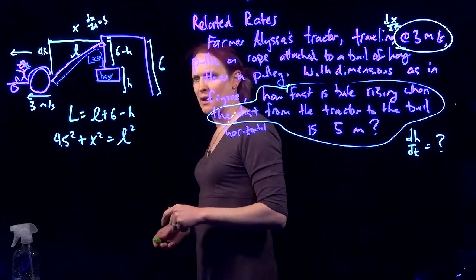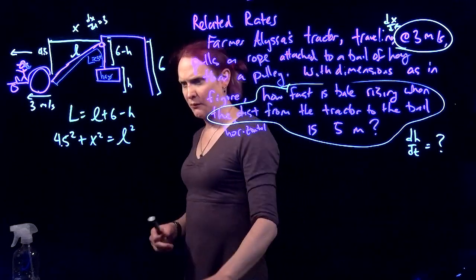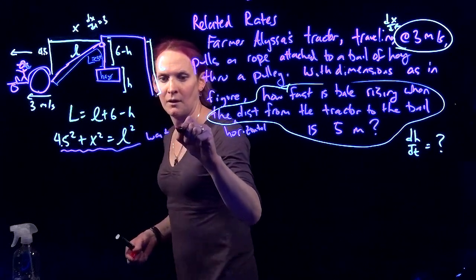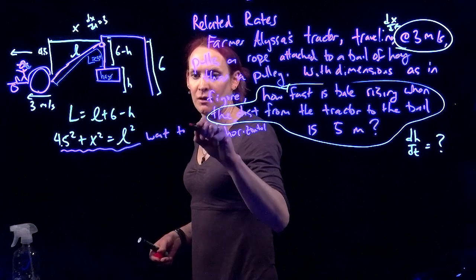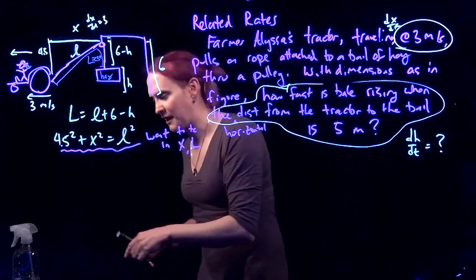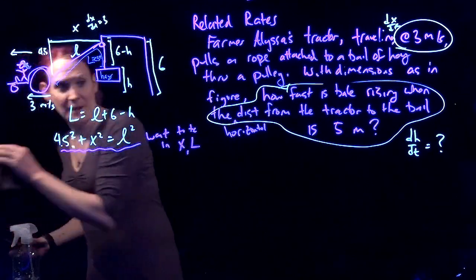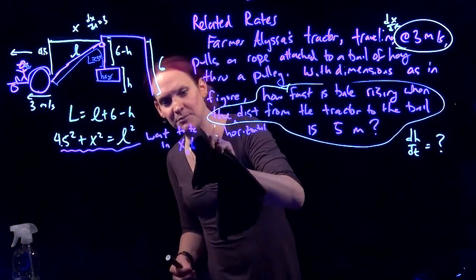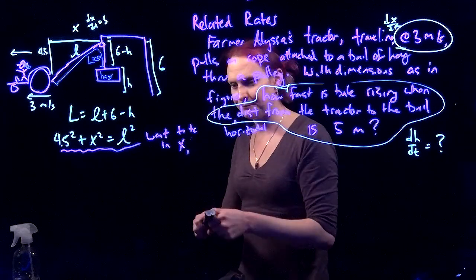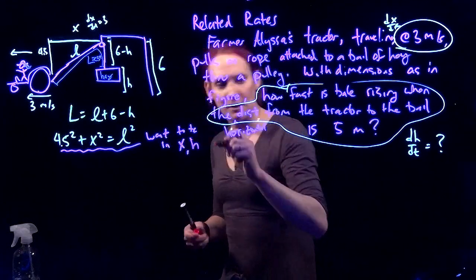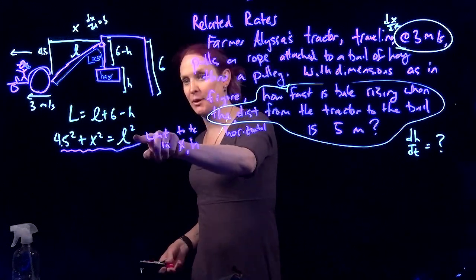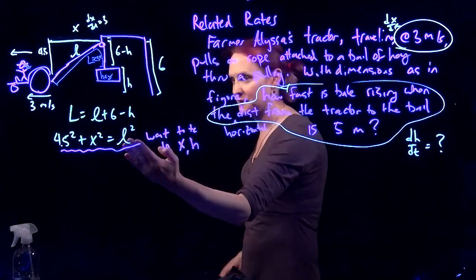Okay. I really want this expression to be in x and h, since capital L is a constant, because I need to answer a question about dh dt, and h doesn't appear in this expression. So how do I get h into this expression?